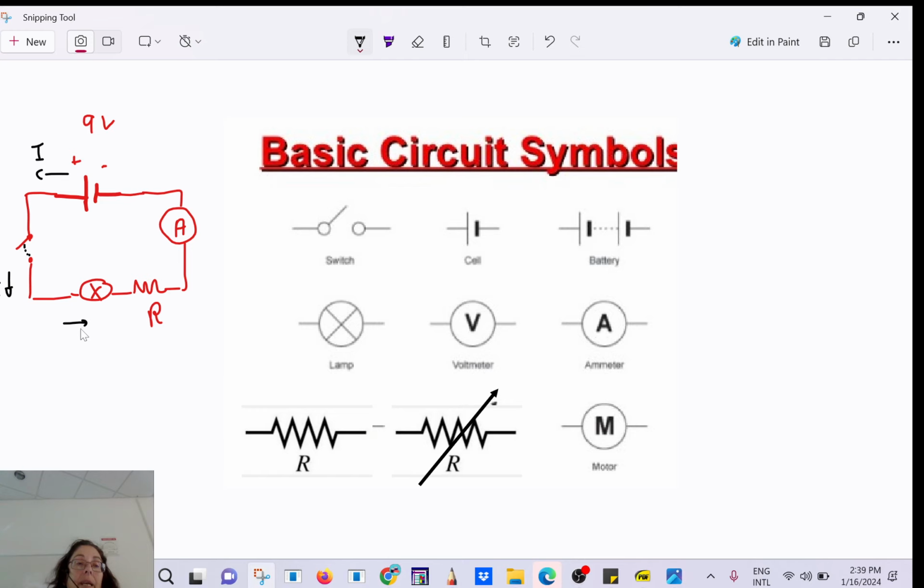Okay, so it's flowing because we like Benjamin Franklin. Even though it's electrons flowing, we're going to say it's positive charge. Positive charge is flowing. Okay, and then let's say you want to measure the voltage across the resistor.